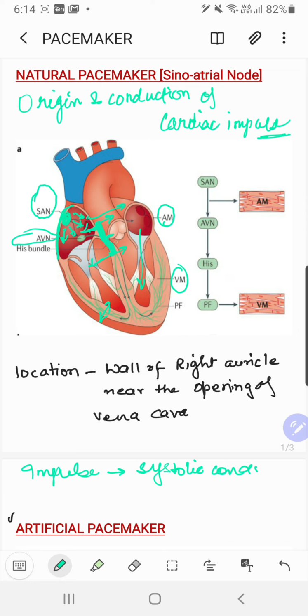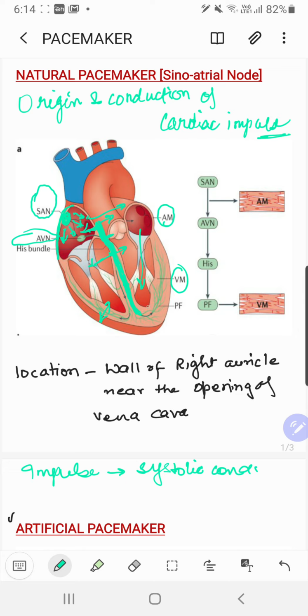Once the impulse is generated to AV nodes, then impulse will transfer further, because the purpose is to cover all the muscles of the heart. So in that case, this impulse will be transported further, and it is covering the ventricular septum.